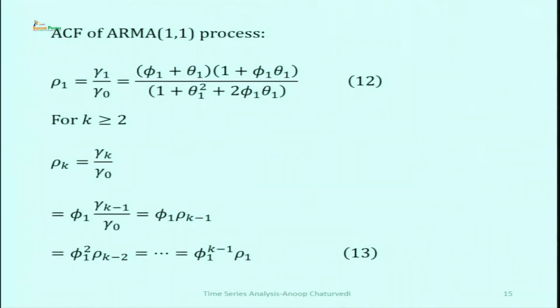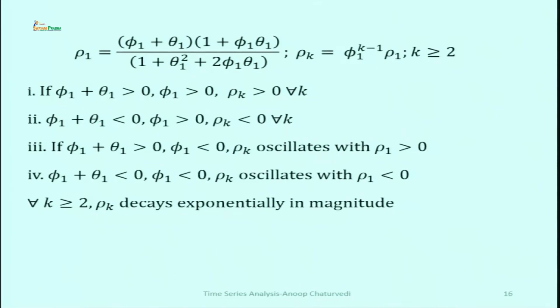So, after k equal to 1, it just starts behaving like the autocorrelation function of AR(1) process. It decays exponentially, but never vanishes. So, this is how the autocorrelation function behaves.